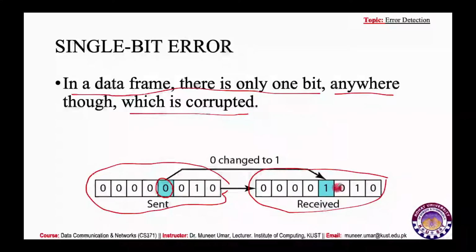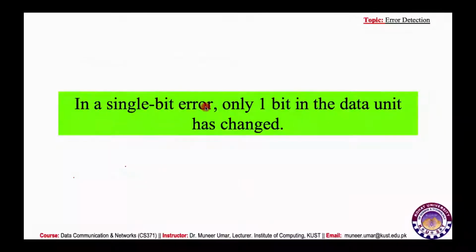Here we have 1 instead of 0. So this 1 bit is changed, and this error is 1 bit error. In a single bit error, only 1 bit in the data unit has changed.